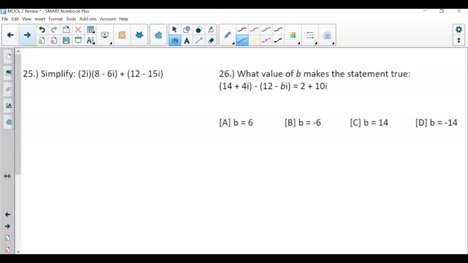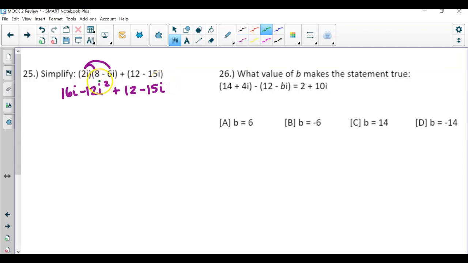Then our last few questions here. 25, notice before we can start combining, we do need to distribute and multiply 2i here. So 2i times 8 is 16i, and negative 6i times 2i is negative 12i squared. Then I'll just bring down plus 12 minus 15i.